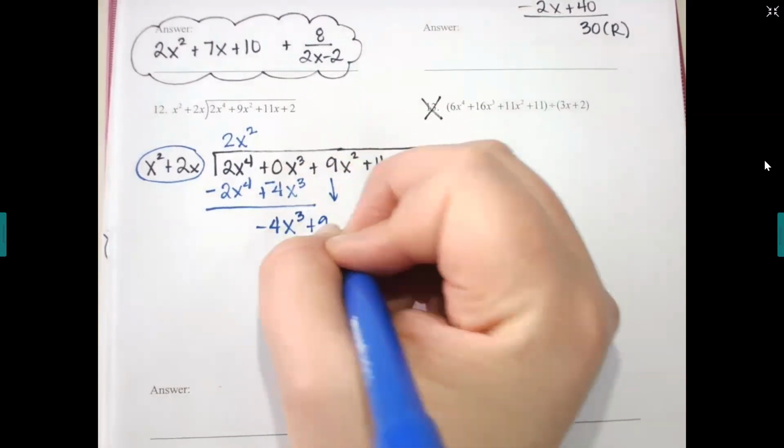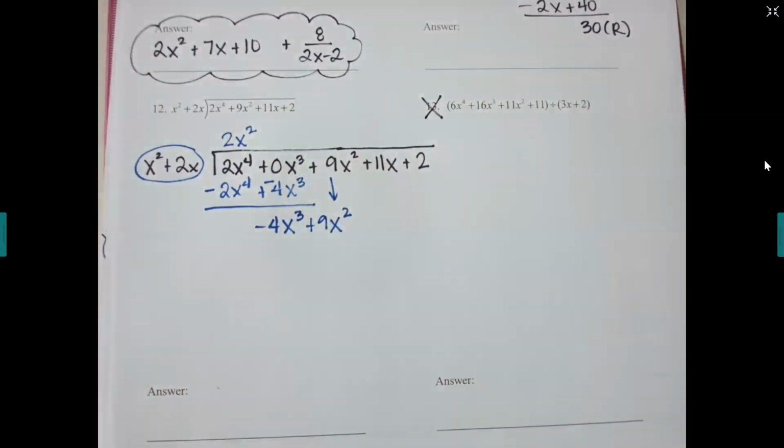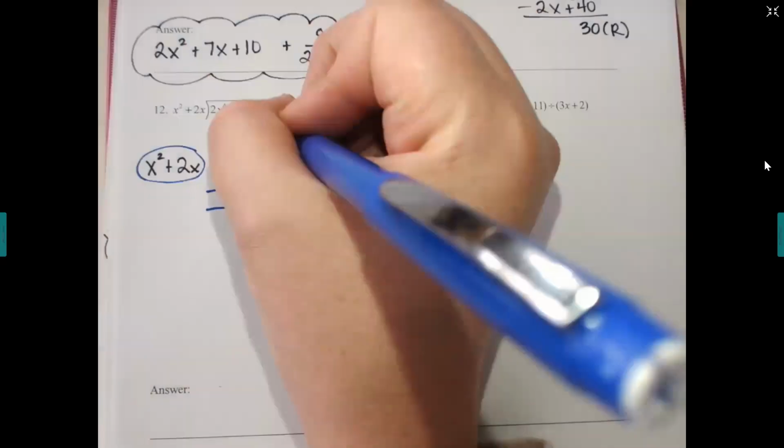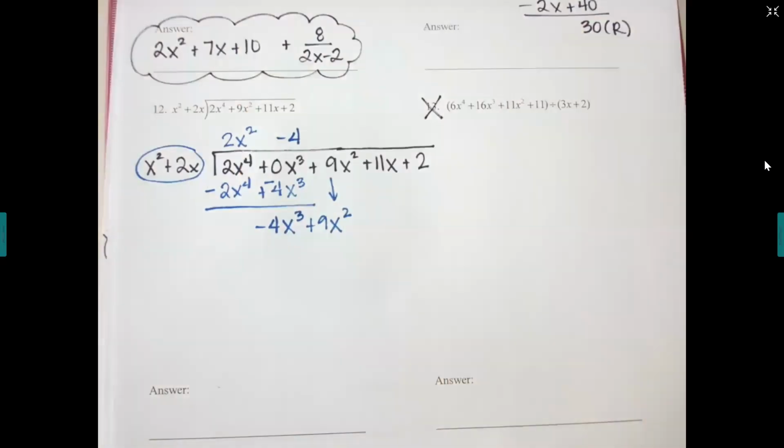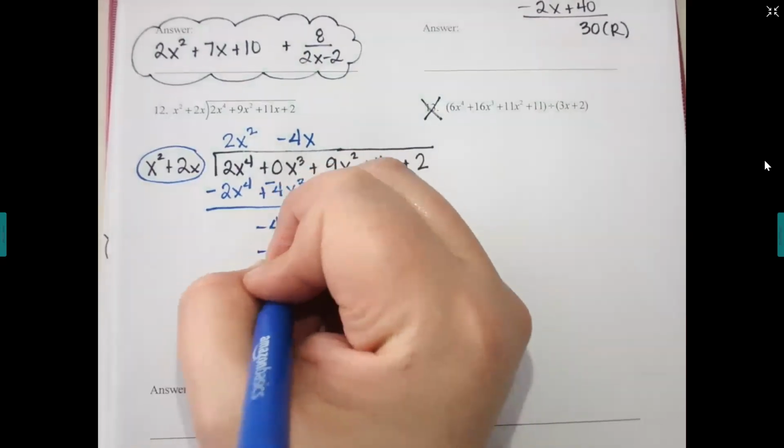Plus 9x squared. Okay, then I just repeat. I have an x squared. What do I really want? A negative 4x cubed, right? So what do I need? Negative 4 and an x. Negative 4x times x squared is negative 4x cubed. I planned that.